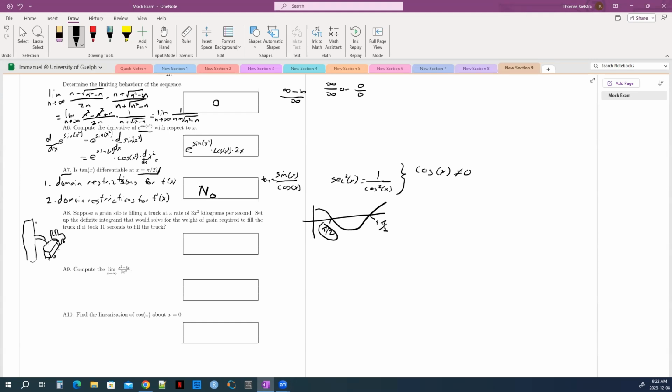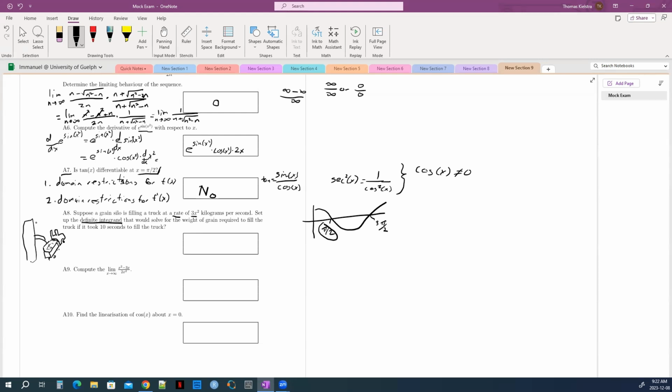And the grain's coming out into here, and it's filling the truck. And it tells us the rate at which it's filling the truck. And we want to determine the definite integral that would solve for the weight of the grain required to fill the truck if it took 10 seconds to fill the truck.